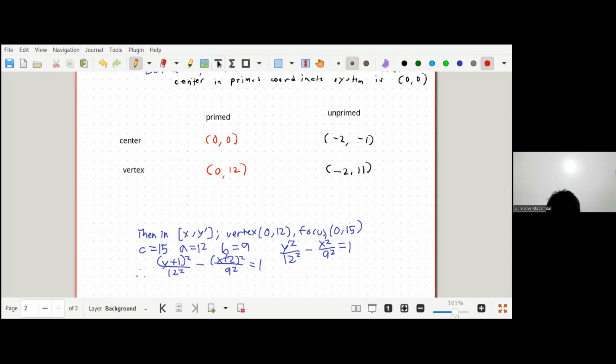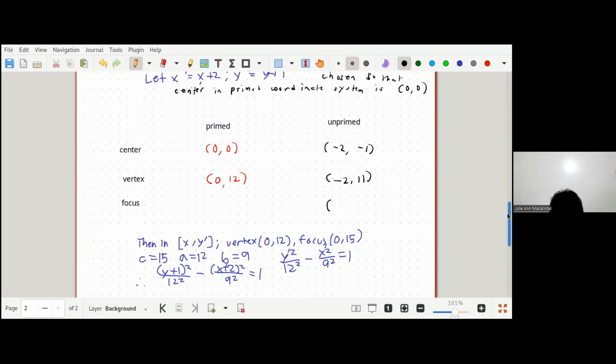So, type ko lang kasi gusto ko lang makita mo na how to edit this so that it becomes more readable. So, yung focus is going to be at 0. So, focus is negative 2, 14. And then, yung magiging focus ay 0, 15.